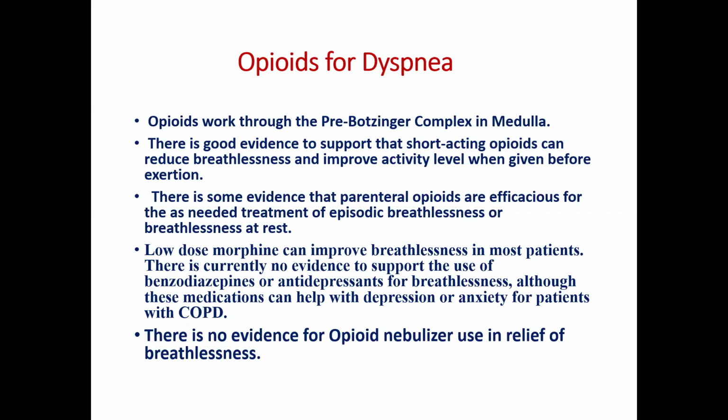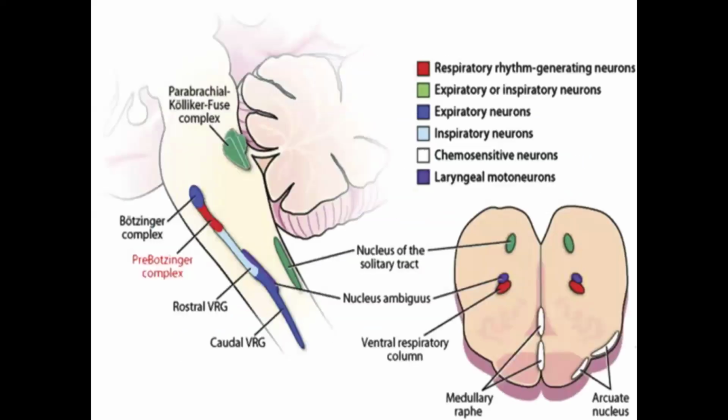And also, there's no evidence of opioid nebulizer use in relief of breathlessness. They tried fentanyl nebulizer, and it did not help dyspnea. So this is a question in the exam here. And they work through the pre-Bötzinger complex in the middle. This is the pre-Bötzinger complex here.